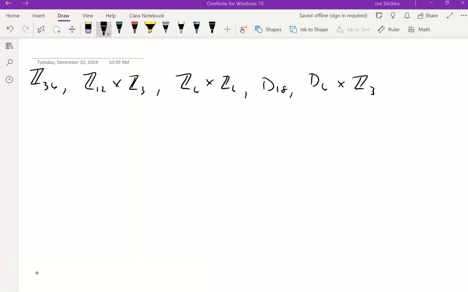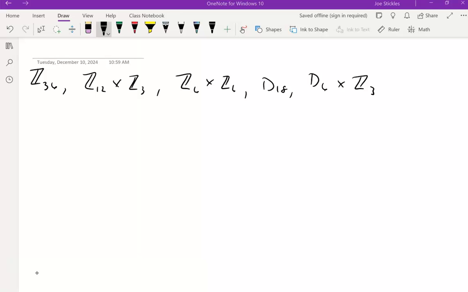They're cyclic. Good. All right. So any of the Z mod n groups are cyclic, right?